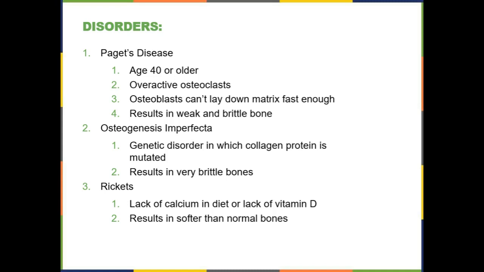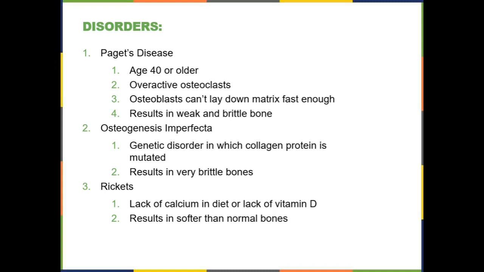Because the osteoclasts are working too fast, the osteoblasts are trying to lay it down really fast, and they're not laying it down properly. The bone that is laid down ends up being weaker, and you end up having more broken bones because of this.